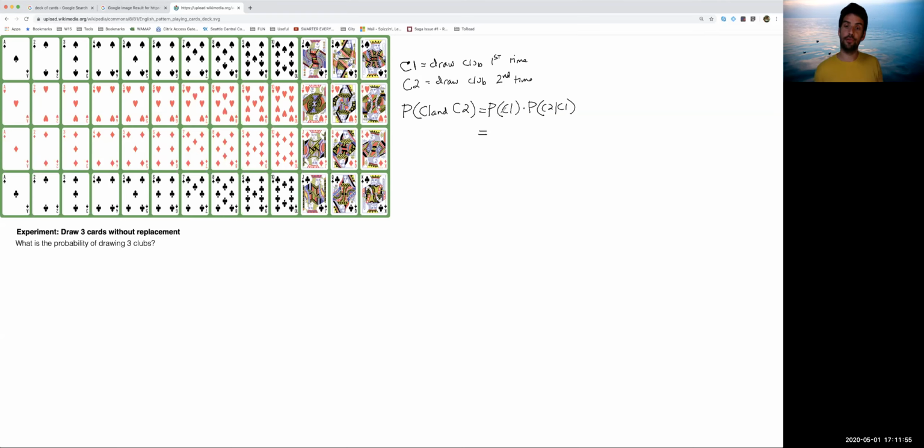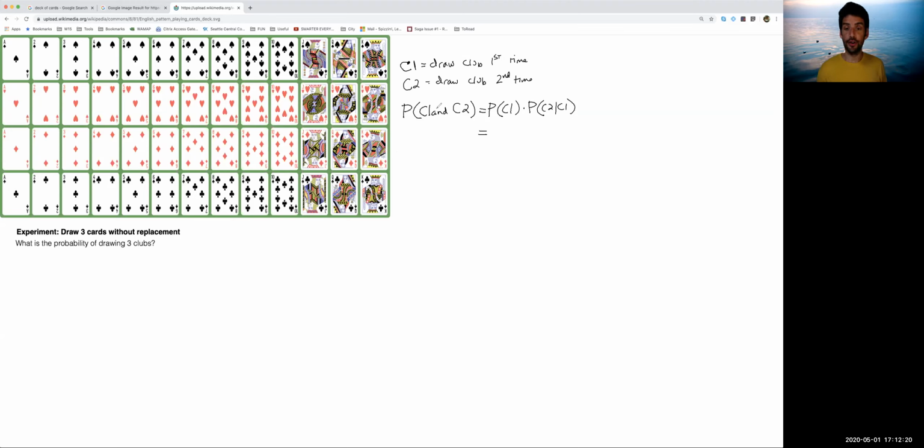Let's start with the probability of C1. That's the probability of drawing a club the first time. So let's look at our cards. This is like a sample space for the experiment of drawing one card. On this first pull, we're looking at the sample space for that first pull. Our whole experiment is going to have more than one pull, but for one pull, this is the sample space. And all the cards, because we've shuffled them up randomly, are equally likely.